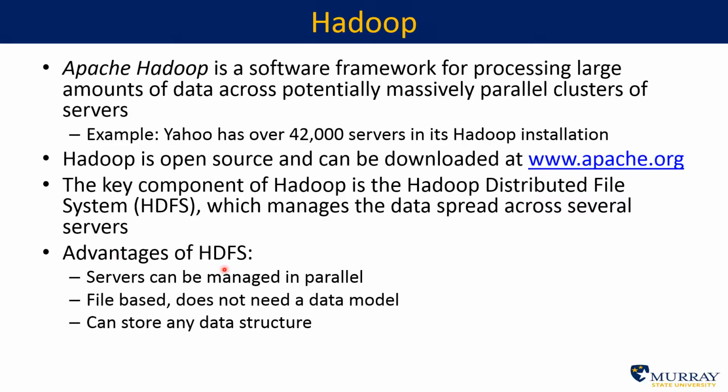Advantages of this file system include the following. Servers can be managed in parallel, so you can build massive grids that have the same kind of computing power as supercomputers. It's file-based, so it does not need any data model; you just store data one file at a time, and those files can accommodate any type of data structure. So Hadoop is a framework that allows you to handle massive data sets with the help of its own internal file system.